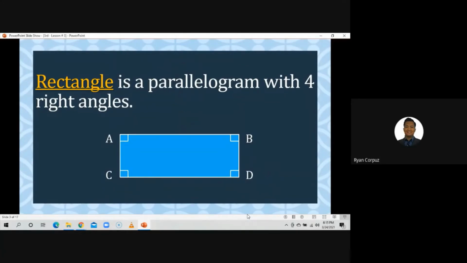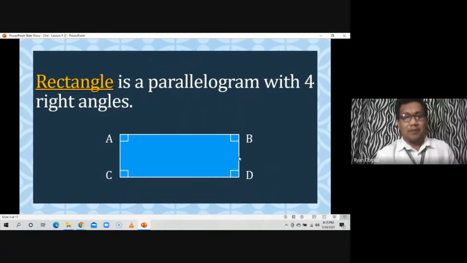We already defined the rectangle when we discussed the introduction to quadrilaterals. We defined a rectangle as a parallelogram with 4 right angles. So it's under parallelogram, but still it is a quadrilateral.